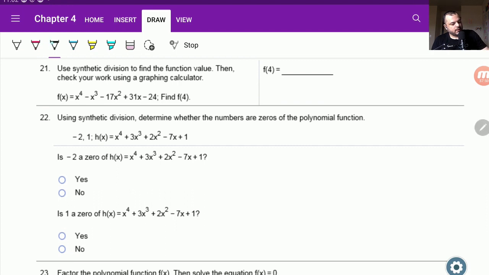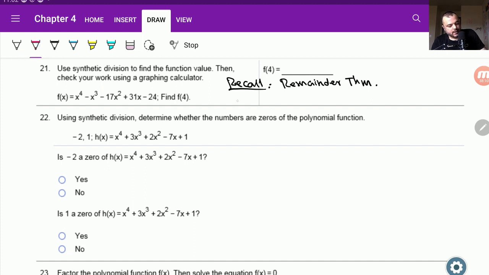So this is actually, let's recall the remainder theorem. What does the remainder theorem say?